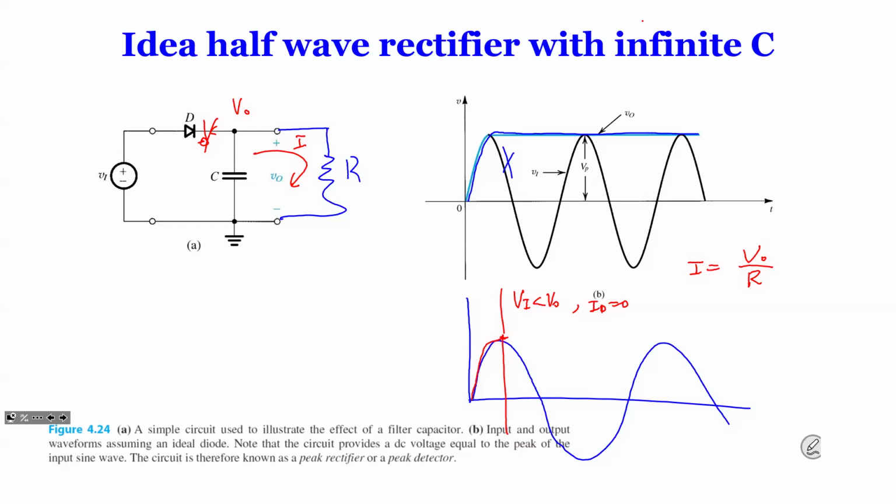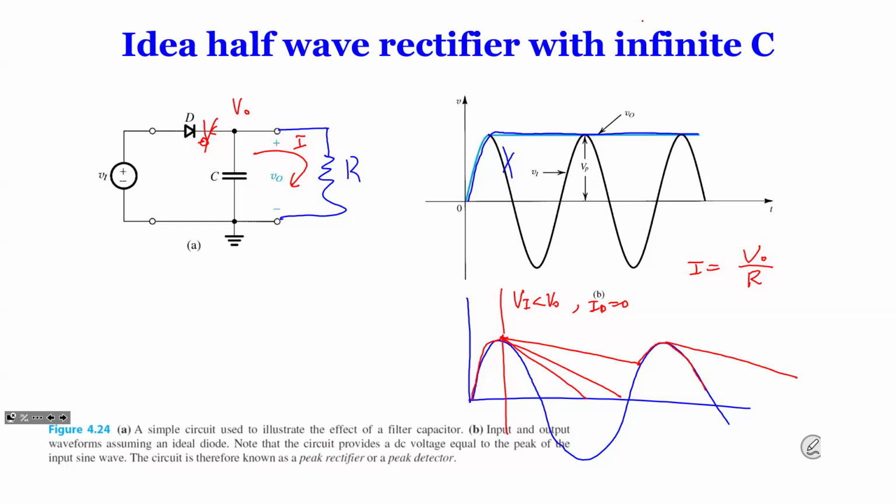Depending on how big the resistance is, it could drop all the way to 0 before it charges again. But if the capacitor is big enough, you can drop only to here, or right over here, and it starts to charge again.